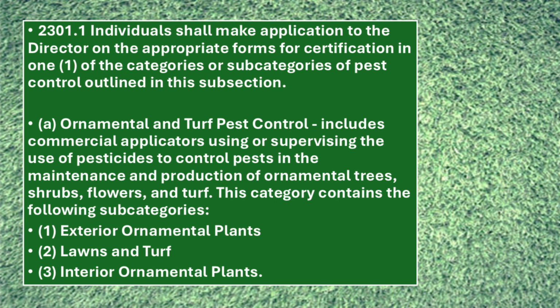A. Ornamental and turf pest control includes commercial applicators using or supervising the use of pesticides to control pests in the maintenance and production of ornamental trees, shrubs, flowers, and turf. This category contains the following subcategories. 1. Exterior ornamental plants. 2. Lawns and turf. 3. Interior ornamental plants.